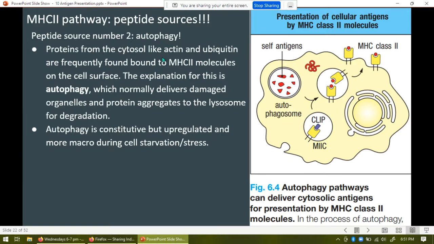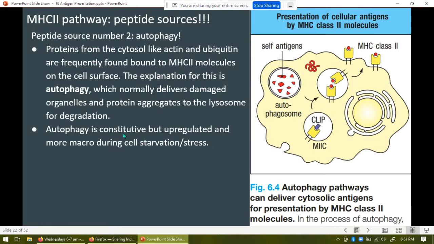Proteins from the cytosol like actin and ubiquitin are frequently bound to MHC2 molecules on the cell surface. Originally, immunologists were like, what? Why are actin and ubiquitin here? Those are intracellular. Well, later it was found that autophagy is the explanation for that. Autophagy normally delivers damaged organelles, protein aggregates, and excess cellular material to the lysosome where it can be degraded.